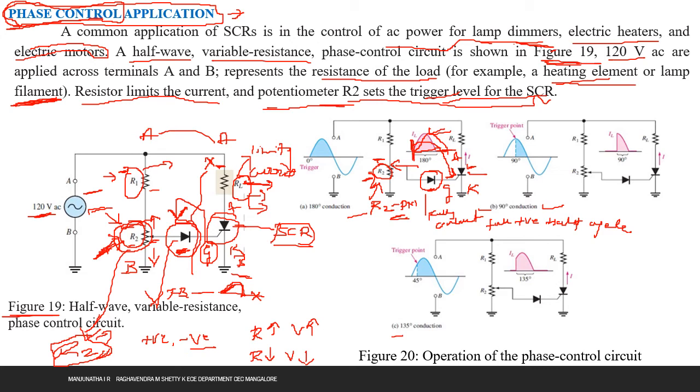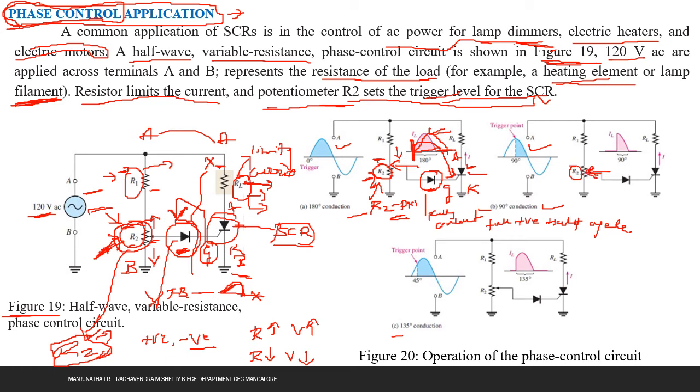Now just observe the waveform here, and the position of this arrow mark. It is almost halfway. It is settled at the midway of this resistance R2. Here it was the uppermost position, here it is the middle position.